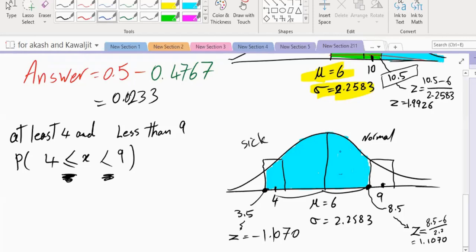So the blue area is between the mean and 1.11, which is 0.3665. And this one is the same. And the total answer would be 0.7330.